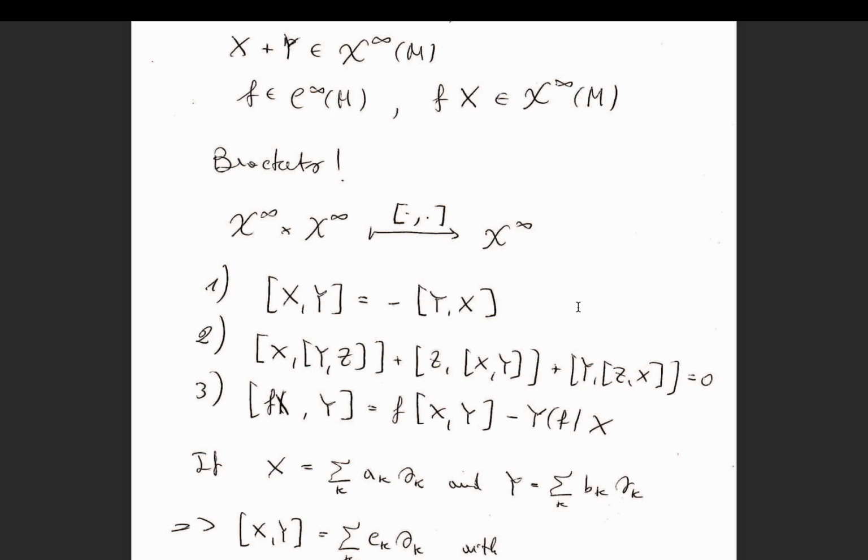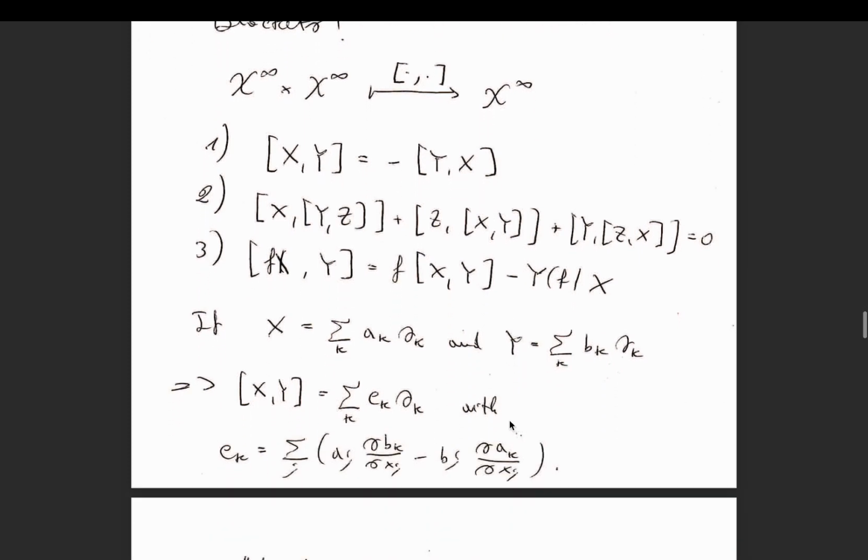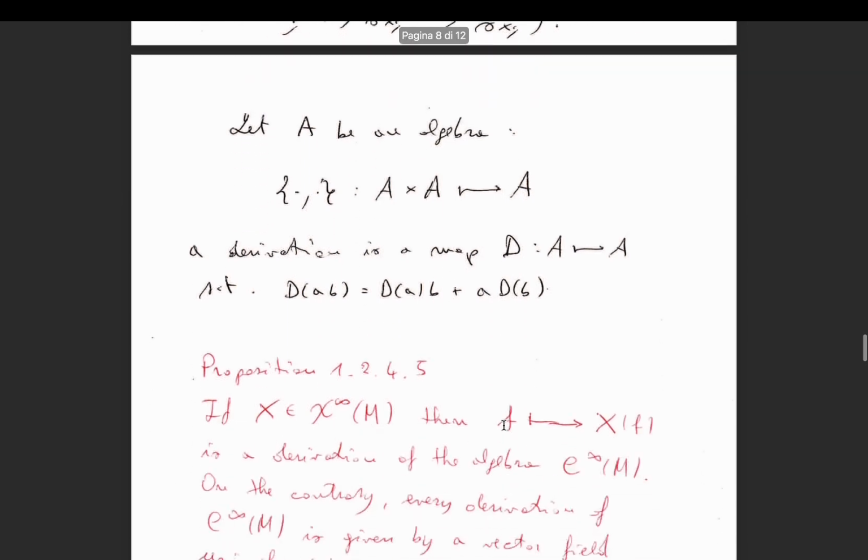As I was saying, this bracket satisfies three properties: the bilinear property, the antisymmetric property, so [X,Y] is equal to minus [Y,X], the Jacobi identity, and a sort of derivation property, which is [X, fY] equal to f[X,Y] plus X(f)Y.